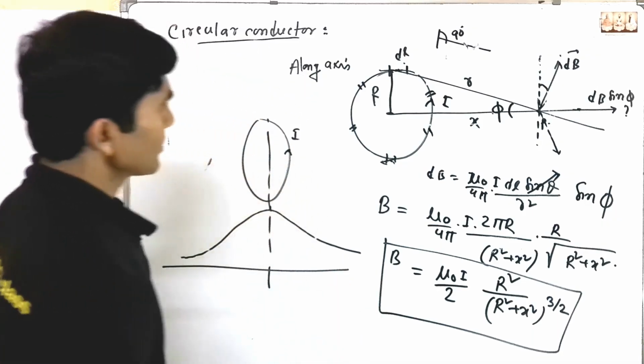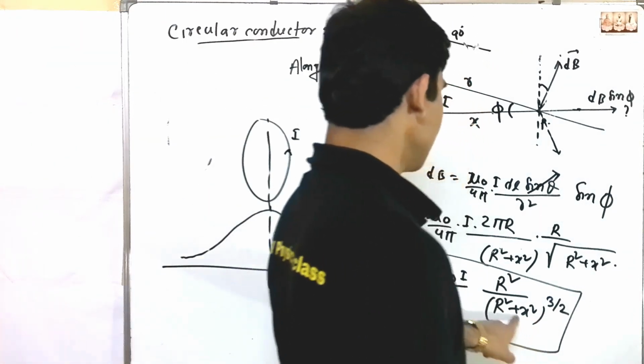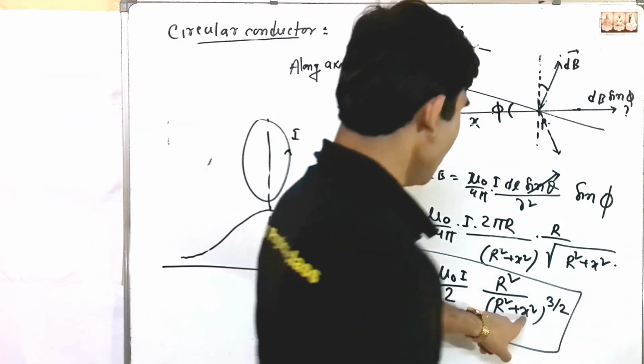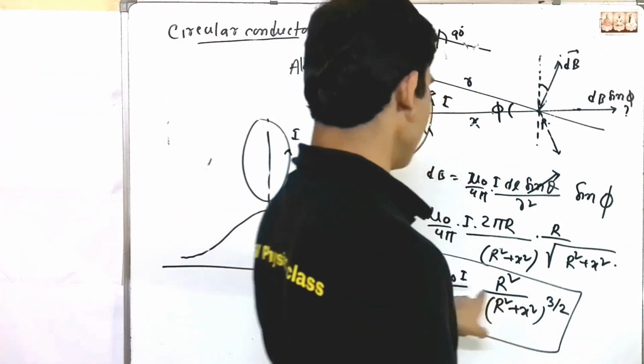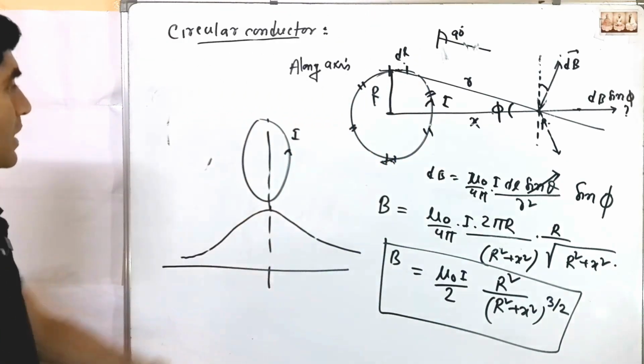As x is increasing, the magnetic field will be decreasing. At the center, x equal to 0, the magnetic field is maximum. So this will be the typical plot.